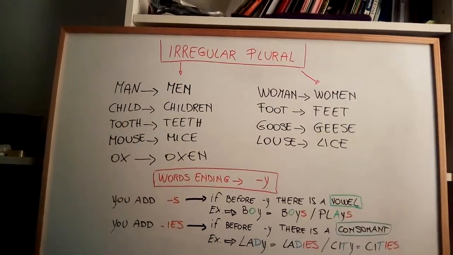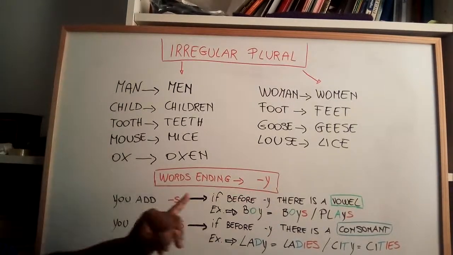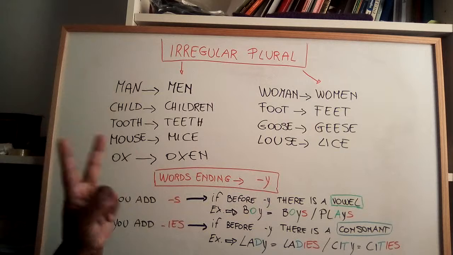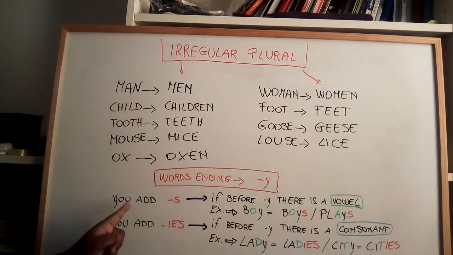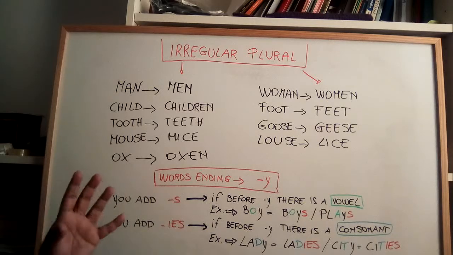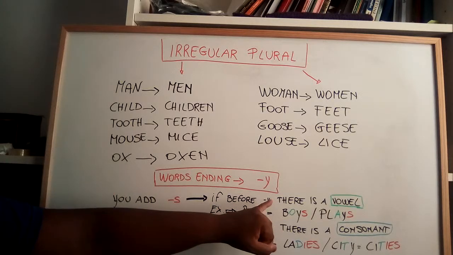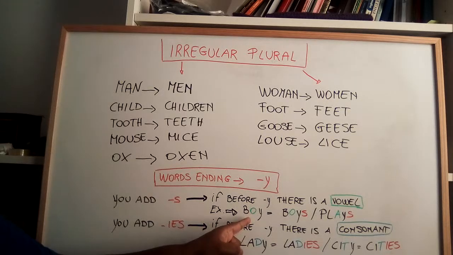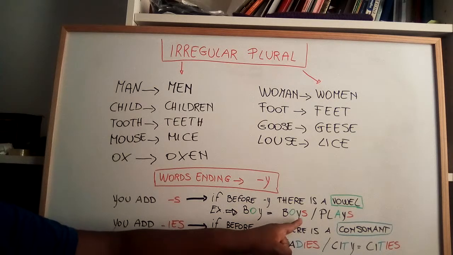Then we have a little rule here about the y. Words ending with y, there are two little rules. You add s if before the y in a word there is a vowel. Example, boy, there is o, boys.